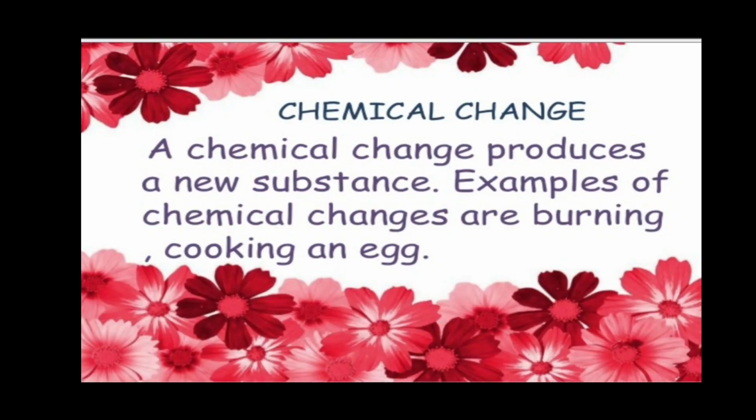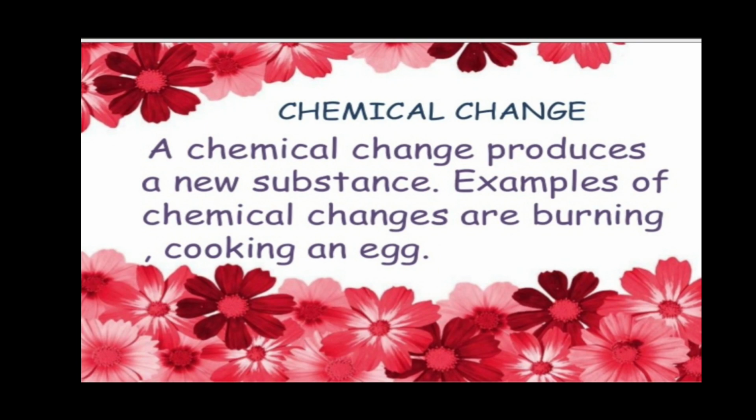Next is chemical change. A change where a new substance is produced. For example, burning of wood, cooking of an egg or vegetables. These are certain examples of chemical change where a new substance is formed. When you burn wood, ash is left behind, and that is the new substance. Or when you burn a paper with the help of a matchstick, you will observe that the paper is being converted into ash.